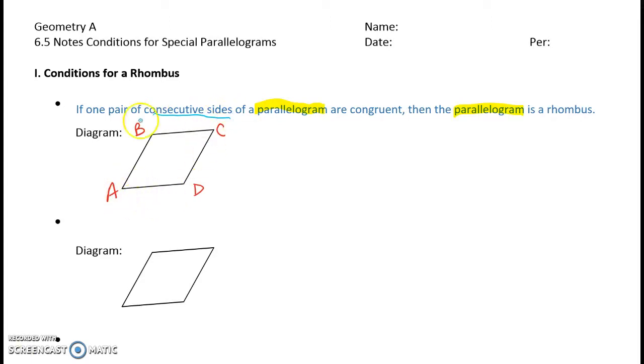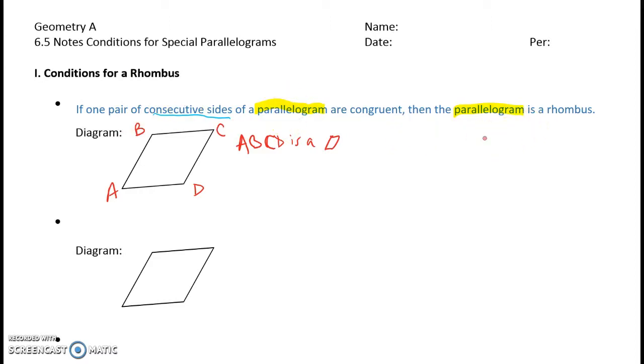Let's take a look at this diagram down here. We've got this quadrilateral ABCD, and we need to know a couple of things about it before we can conclude it's a rhombus. First, we need to know ABCD is a parallelogram. Then, this theorem says if one pair of consecutive sides are congruent, then the parallelogram is a rhombus.